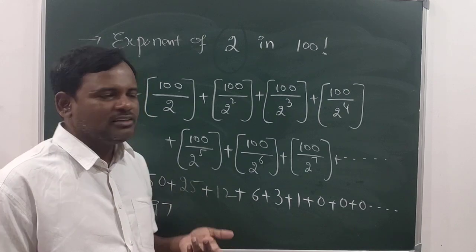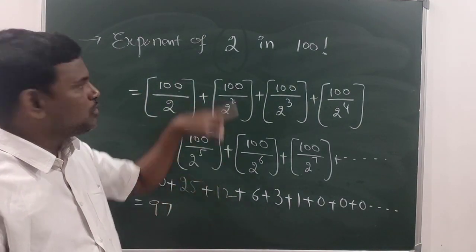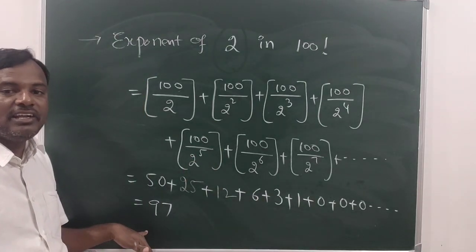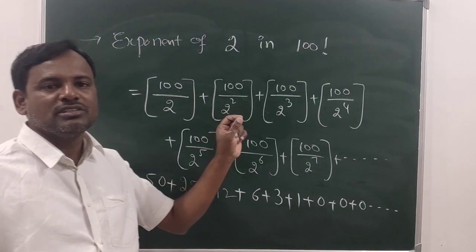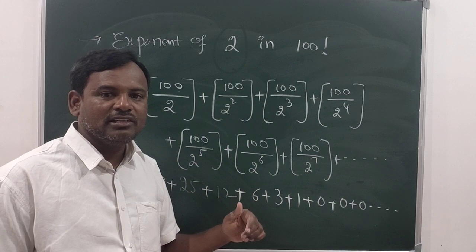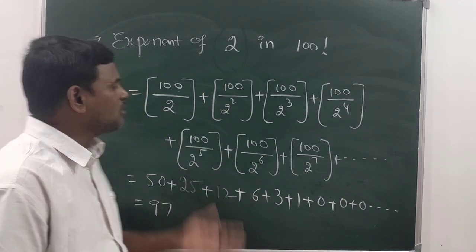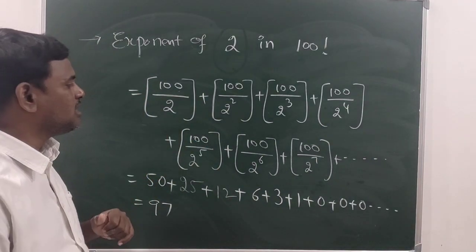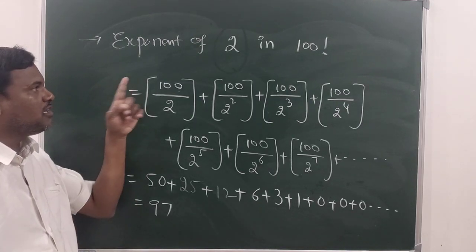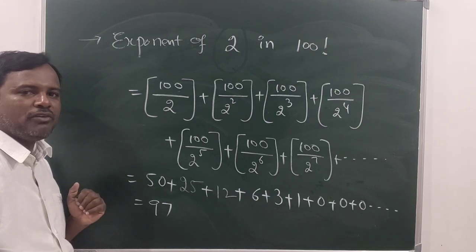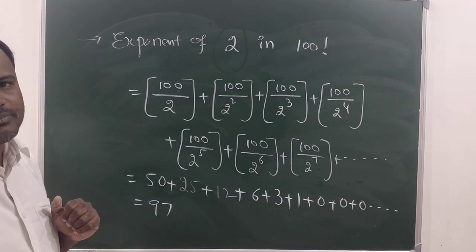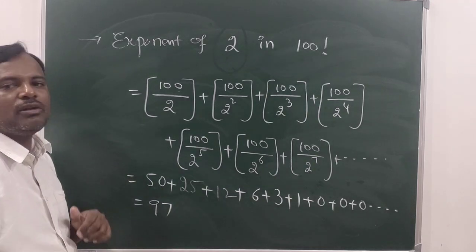After simplification, how much is the power of 2? 97. Writing all those numbers, expressing them in prime factorization and simplifying is a very big task. With the help of this greatest integer concept, we can answer this question in an easy manner. I hope you have understood this. Now let us learn one more question.